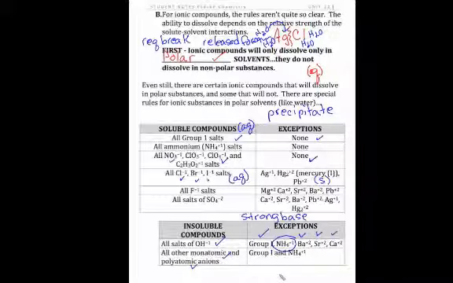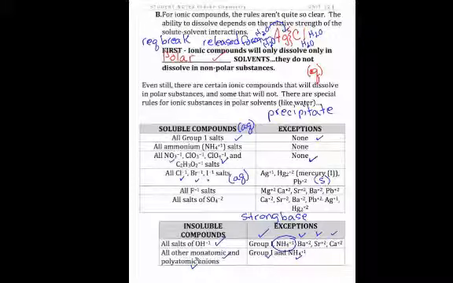All other monatomic and polyatomic anions, except group 1 and ammonium, are going to be insoluble. Now, they've changed this chart a little bit because that's not quite true. When we look at the sulfate up here, we have a sulfate rule here.